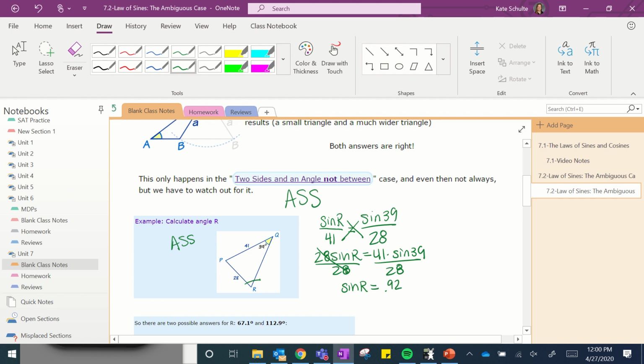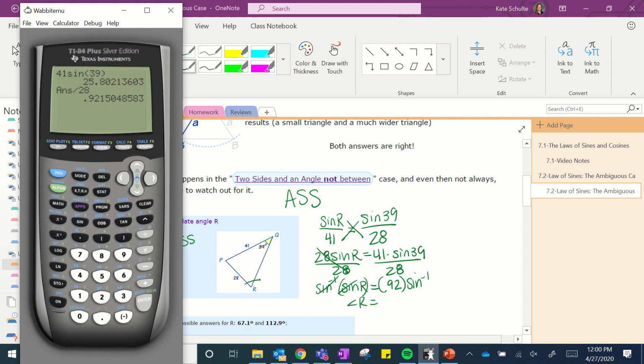To separate the sine and the R, I'm going to take the inverse sine of both sides, and that should give me angle R. Make sure you're doing inverse sine, not inverse cosine, because we're using the law of sines. I'm going to put in that last answer. All right, I should get 67.1.